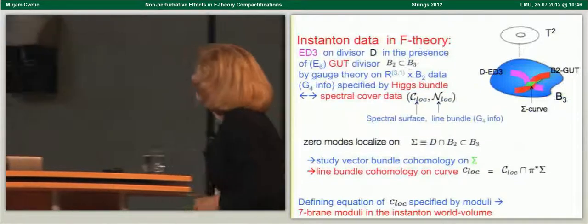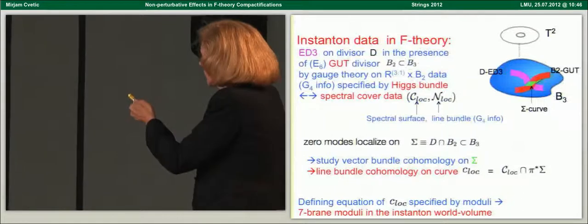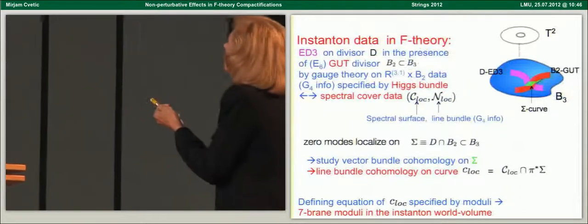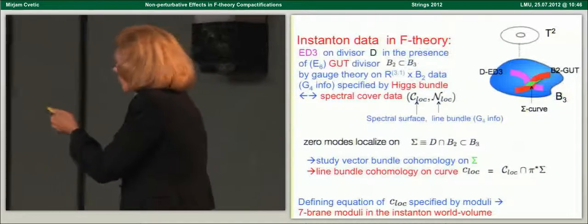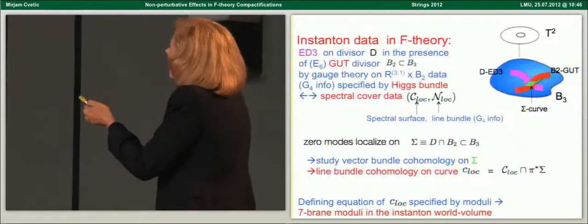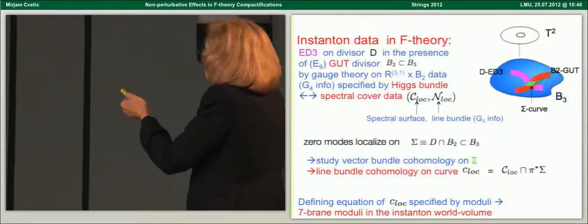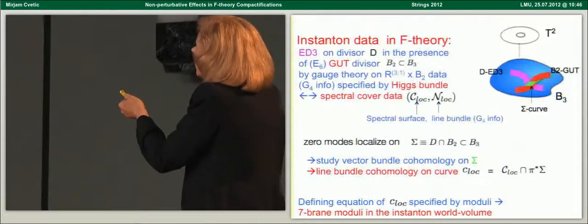I really want to talk about the instanton data directly in F theory without heterotic duals. So we have a general three-dimensional base. We have the Euclidean divisor of the instanton intersecting with the GUT divisor at a curve.